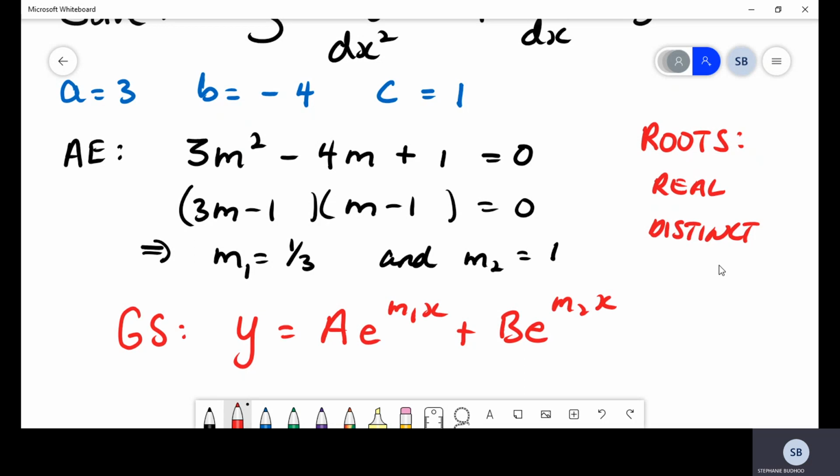Substituting my values of m1 and m2, m1 has a value of 1/3 and m2 has a value of 1, which we can leave as just x. So this is our solution for this type of second order differential equation.